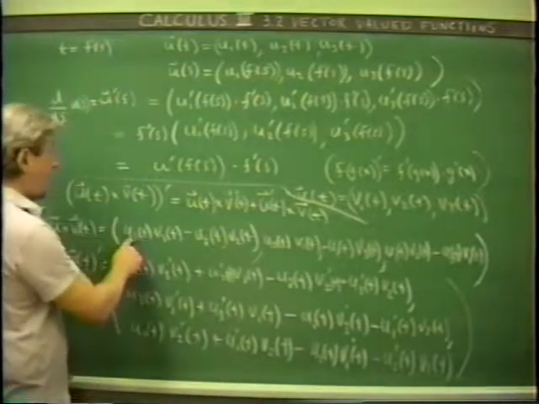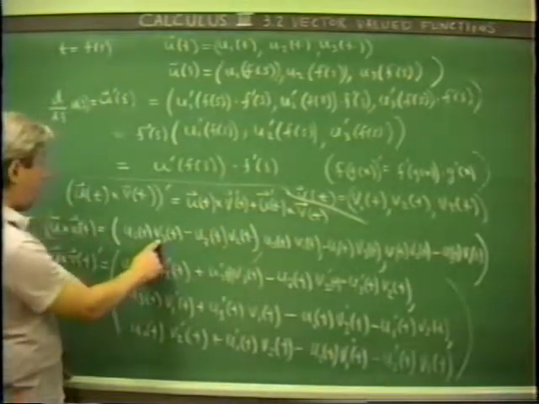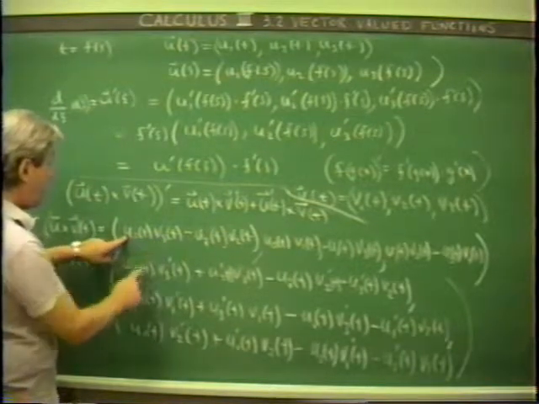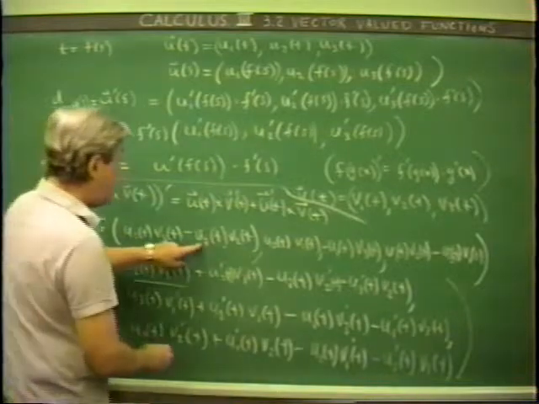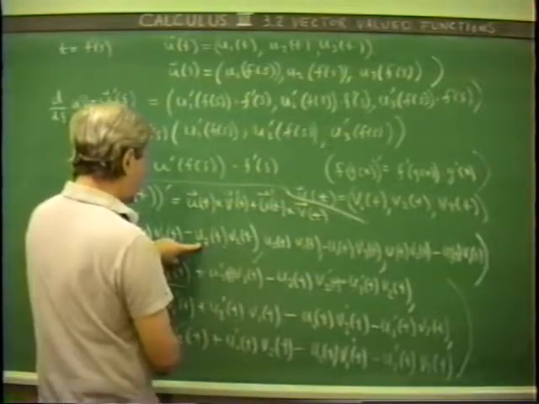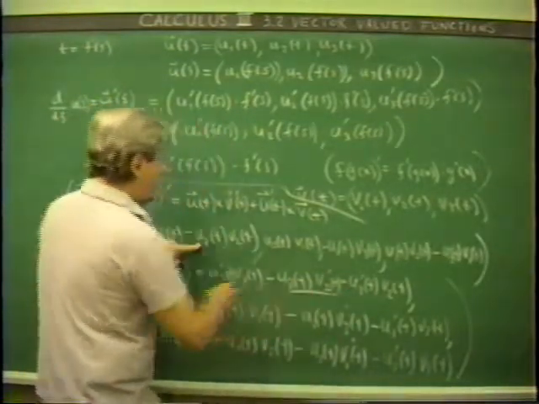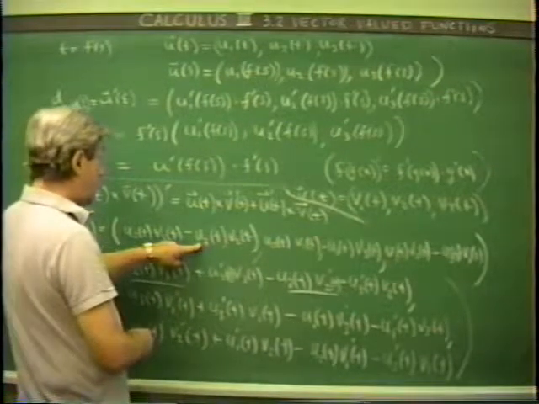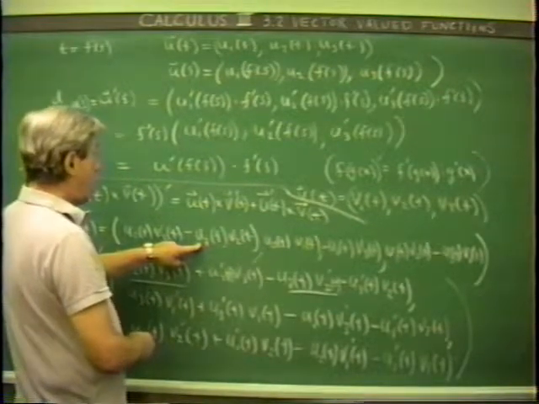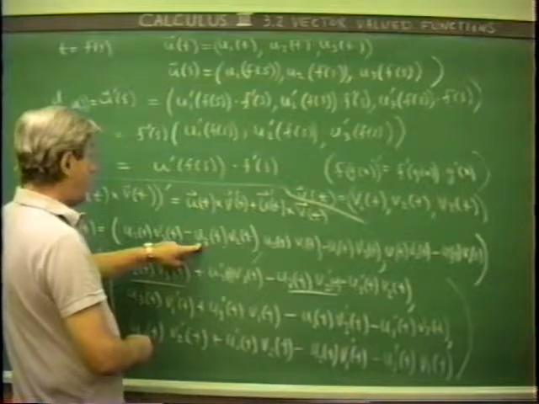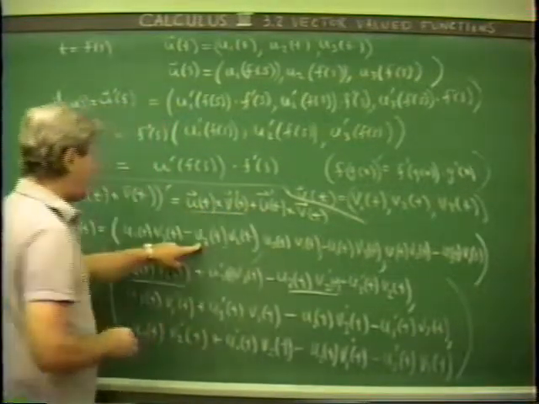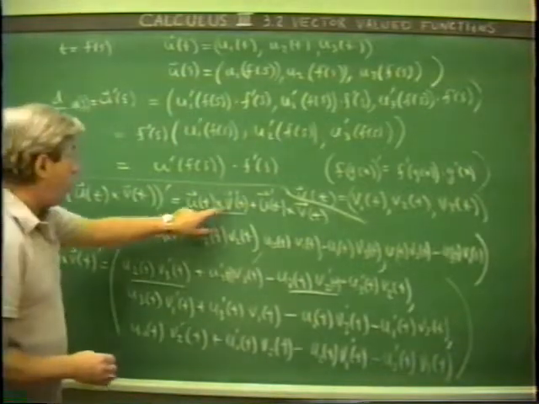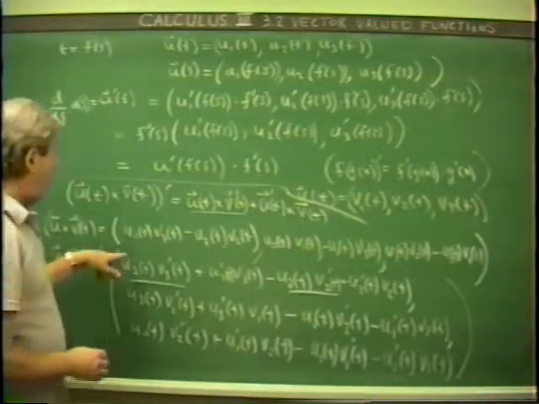Well, u crossed with the derivative of v is going to read exactly like this, except that there will be a derivative of v here, so that we should be able to find u2 v3 prime here. There it is. Minus u3 v2 prime. That's going to be the x component of u crossed with v prime.